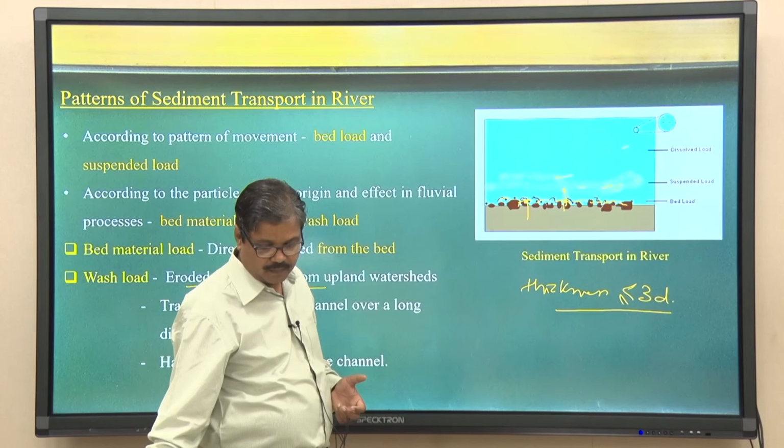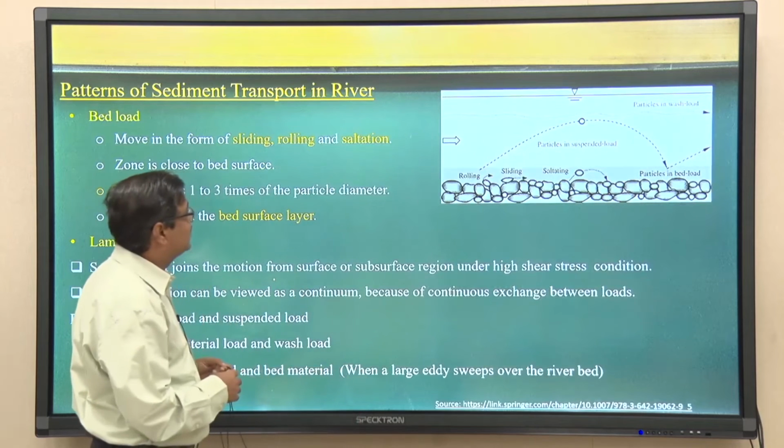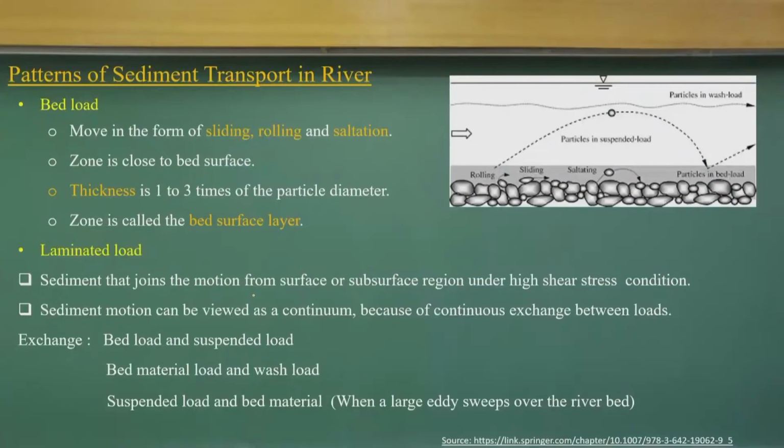Now, if you look at bed load, as I just discussed, it can have rolling, sliding, or saltation, and the particles go up and come down like this. There is also the wash load, which doesn't come back.